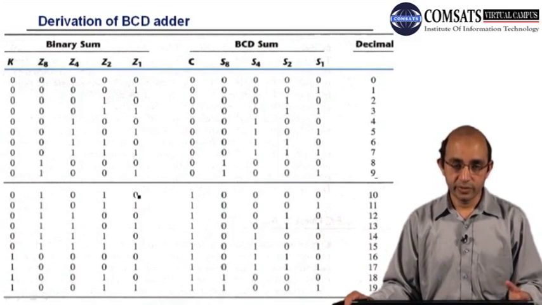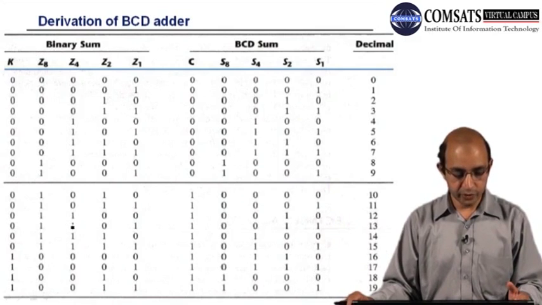After 9 we have to take some sort of correction steps. So if you look here, we can recognize that we have to correct when we have 1 in the carry regarding the binary sum.